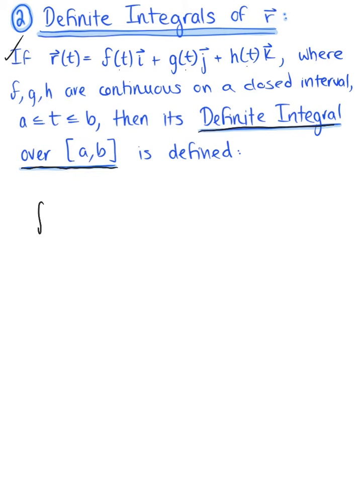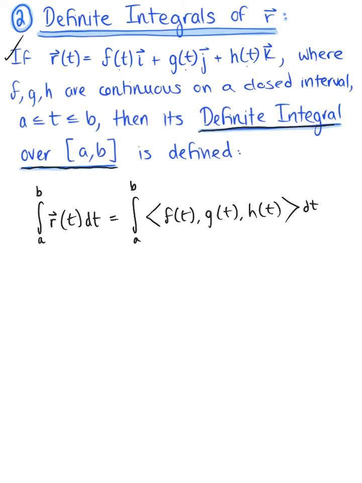So here we have the definite integral, so we're incorporating these bounds. We have the integral from a to b of the vector valued function r of t dt. And again, we can think about this as the definite integral from a to b of that vector valued function, f of t, g of t, h of t, dt.